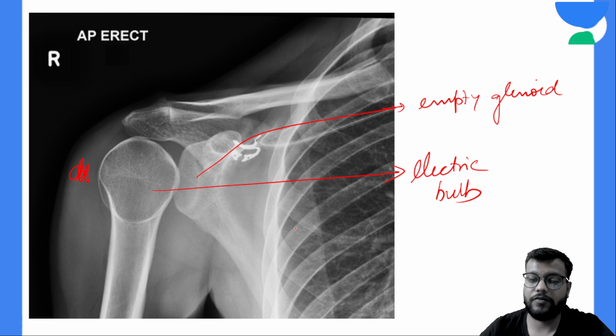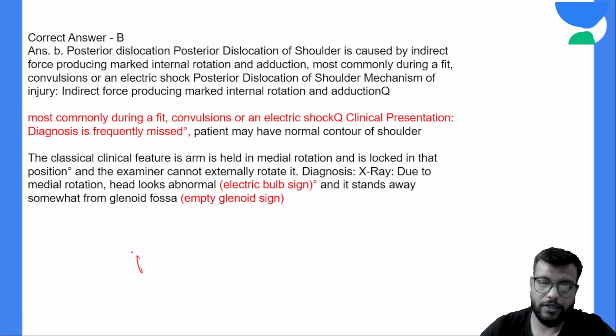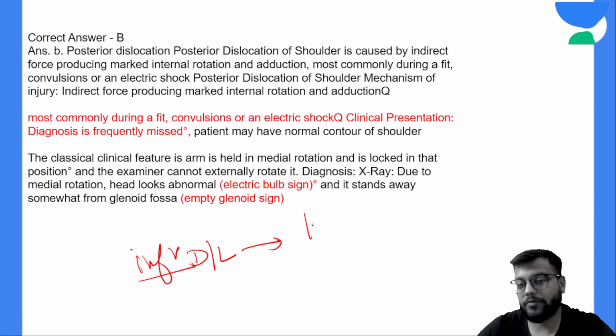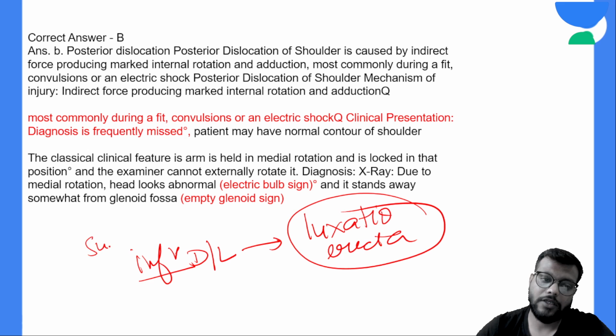And there is one inferior dislocation of the shoulder joint, which is called luxatio erecta. So just remember this, luxatio erecta, and it is subglenoid.